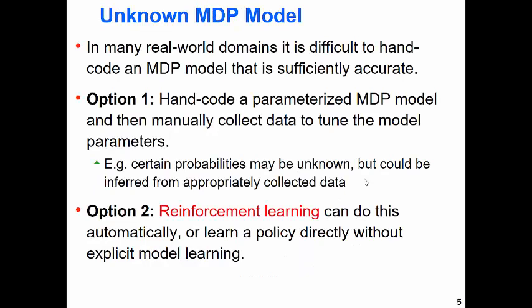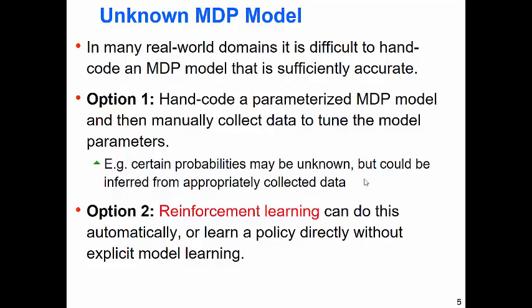So what could you do if you have an unknown MDP model? All you can do is act in the world. Well, one thing that's often done in control engineering would be this option one. We're going to hand code some parametric form of an MDP model. It might have some parameters. In robotics, this might be a linear model.